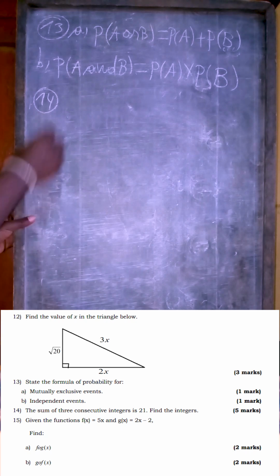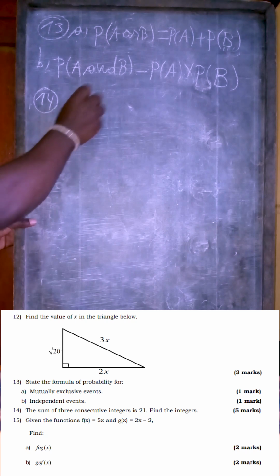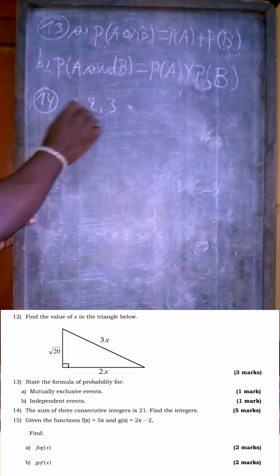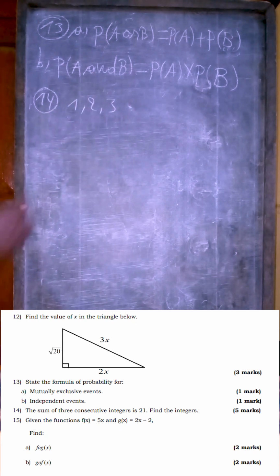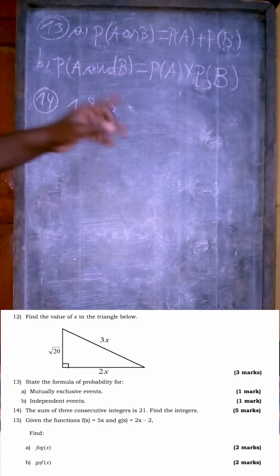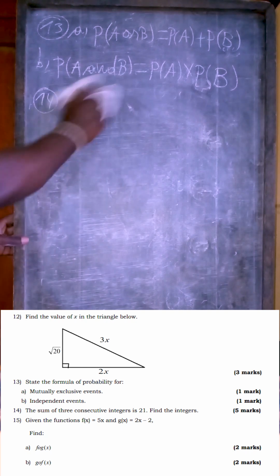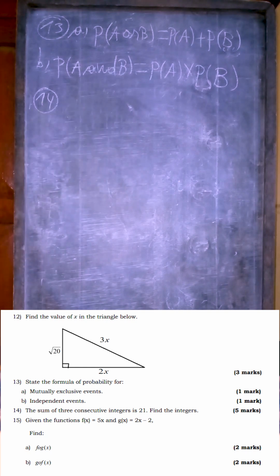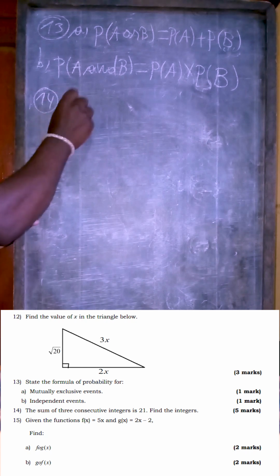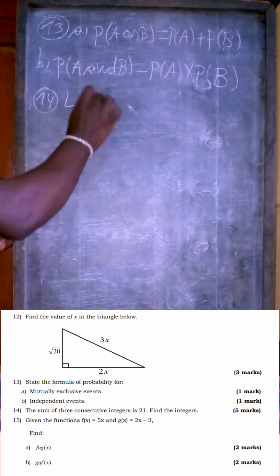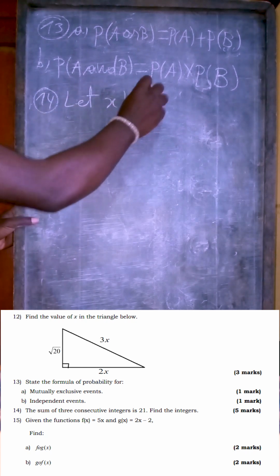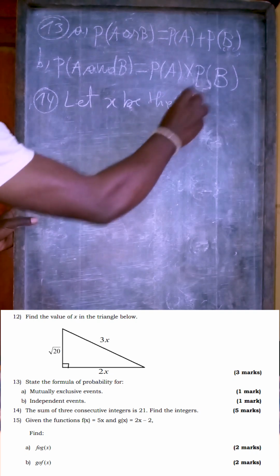For example, we can have 1, 2, 3. Those are three consecutive numbers because from 1 to 2 we have a difference of 1, and from 2 to 3 we have a difference of 1. The sum of three consecutive numbers is 21. Let x be the first number.